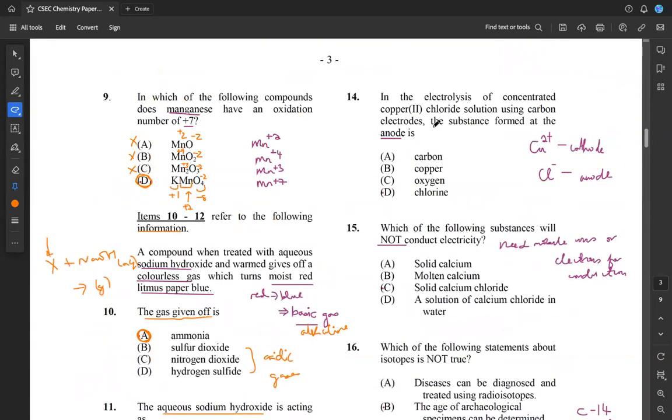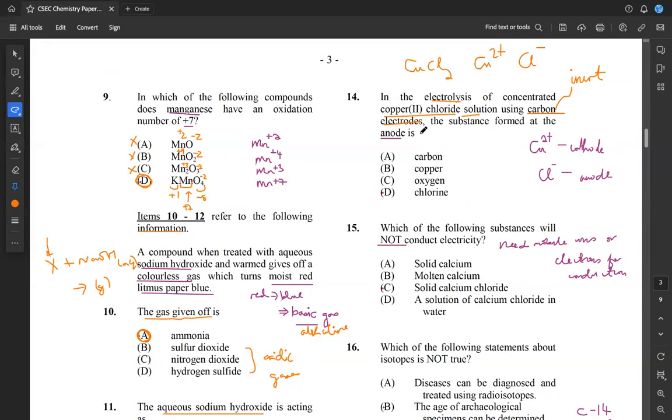14 says that in the electrolysis of copper(II) chloride solution, we're using carbon electrodes. You might remember that carbon electrodes are inert, so they're not going to affect what gets discharged at the electrodes. We're electrolyzing copper(II) chloride, CuCl2, an ionic compound made up of Cu2+ ions and Cl minus ions.